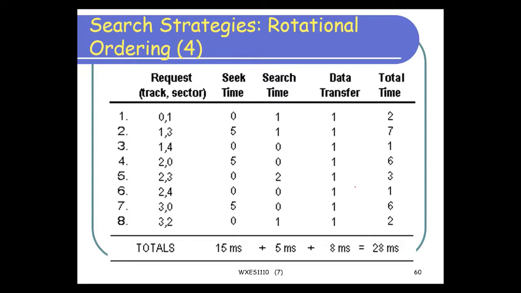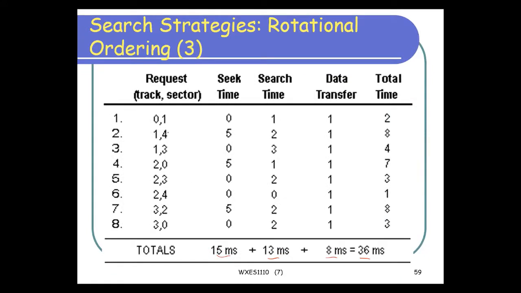In the previous one, the amount of time wasted due to the rotational delay can be reduced if requests are ordered within each track. So instead of previously, let's say this is track 1, track 2, and track 3.